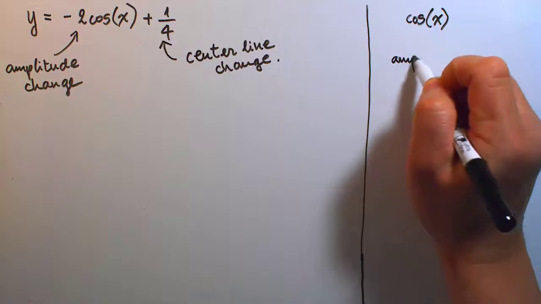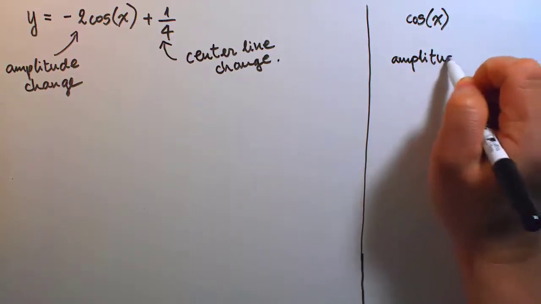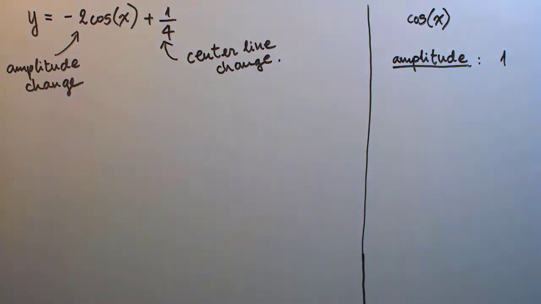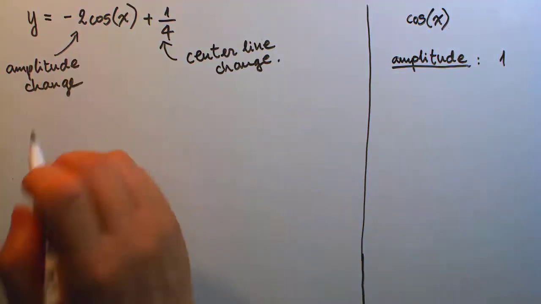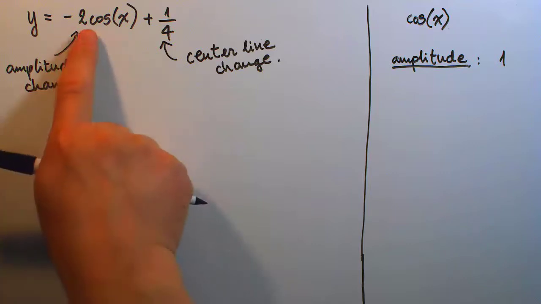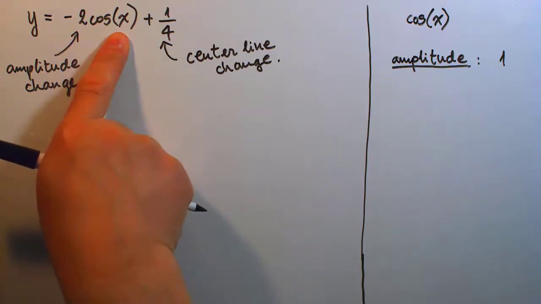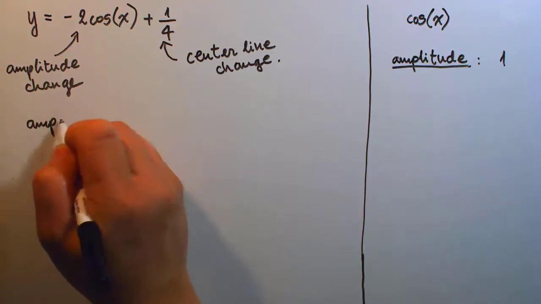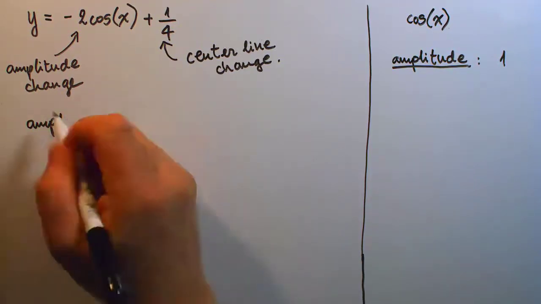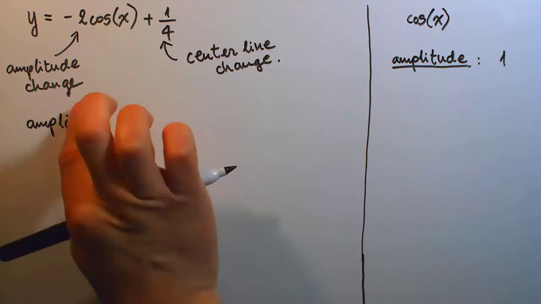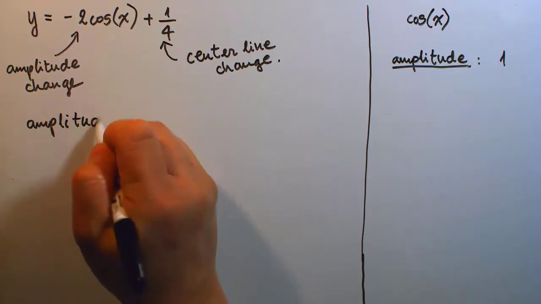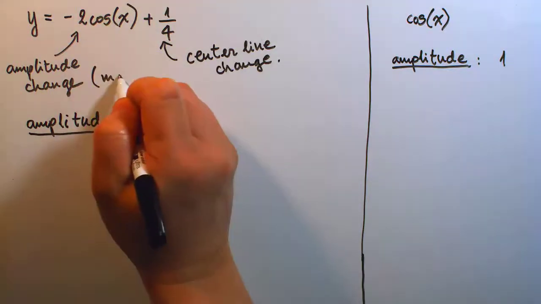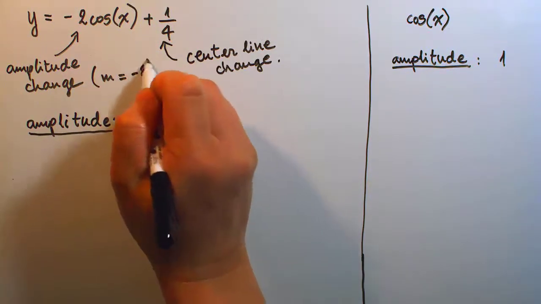The amplitude of the original cosine is known to be 1. And as we have learned already, since we have a coefficient multiplied with our function cosine of x, the amplitude on our current function is different, and here I have to note that m equals negative 2.